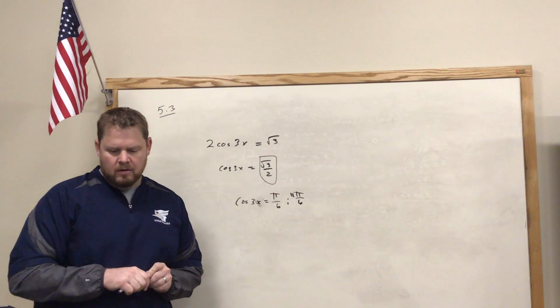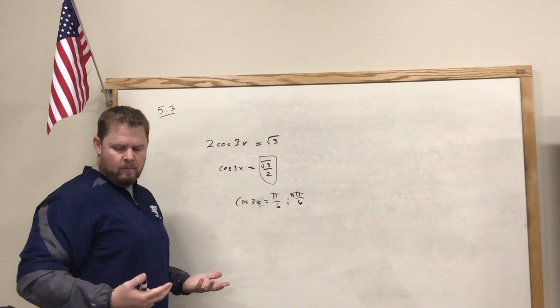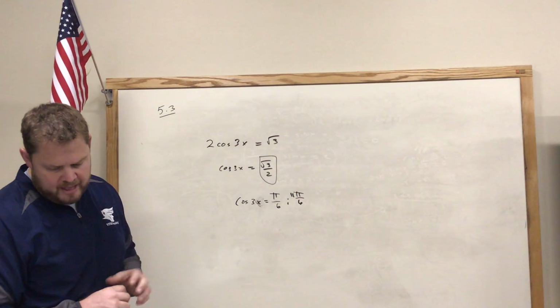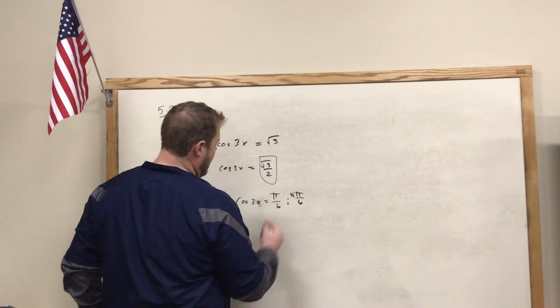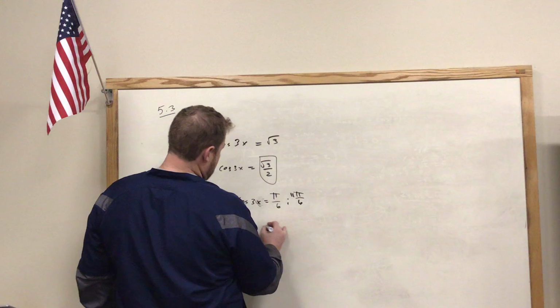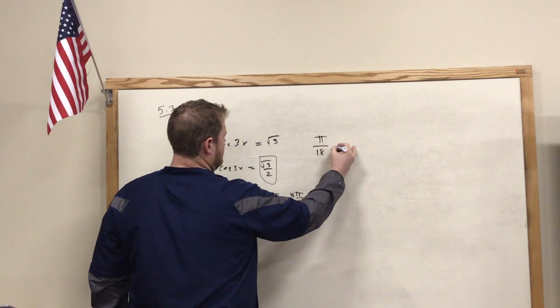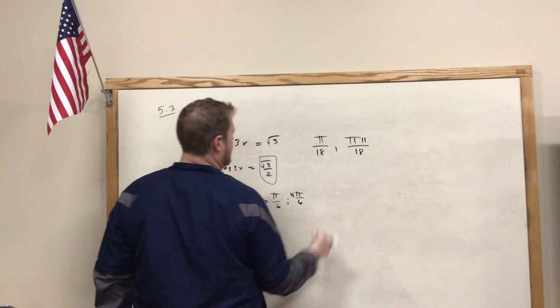So how do I solve? What do I have to do? Well, I have to do something very simple, and that is that I would take the 3 and divide it. So really what that's going to be is pi over 18 and 11 pi over 18, okay?